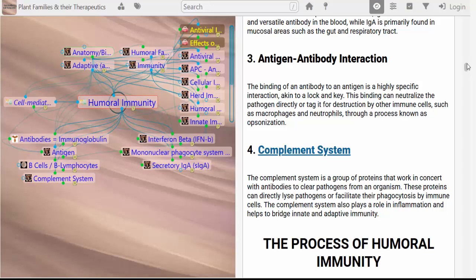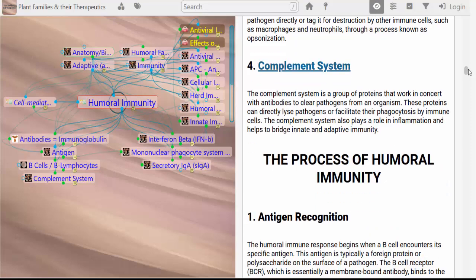So the key components are B cells, antibodies, which we'll get into next, and the antigen-antibody interaction. The binding of an antibody to an antigen is highly specific, like a lock and key. And that binding can either neutralize the pathogen directly or take it for destruction by other immune cells. It also includes the complement system.